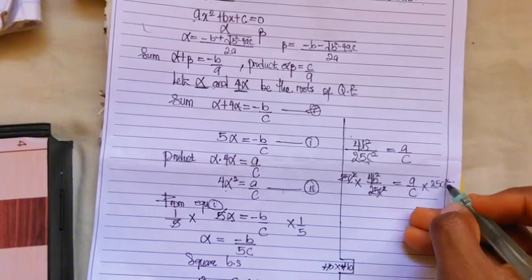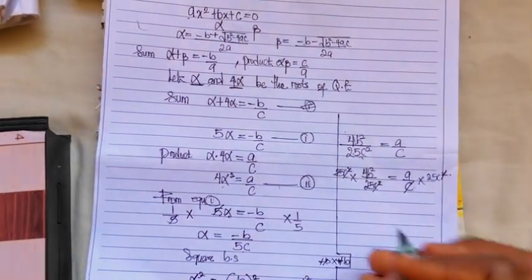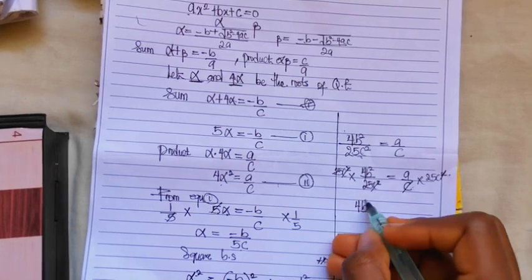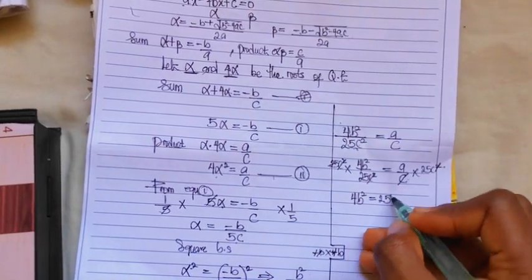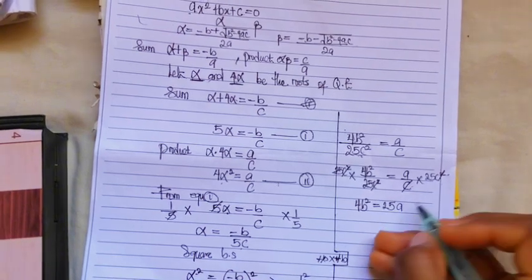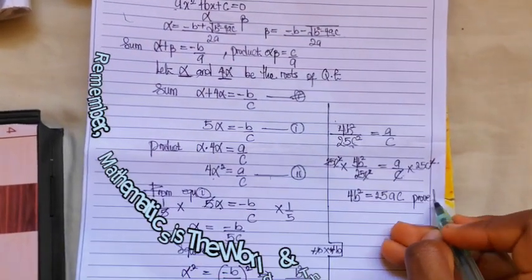Now notice that this is c squared and this is one c, so one c can cancel one of the squares, so I'll have 4b squared equals the constant 25, then a, then my remaining c. So this is proved.